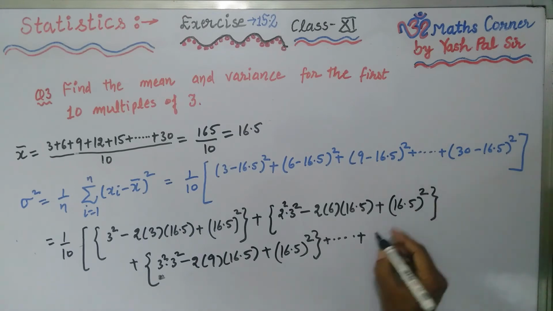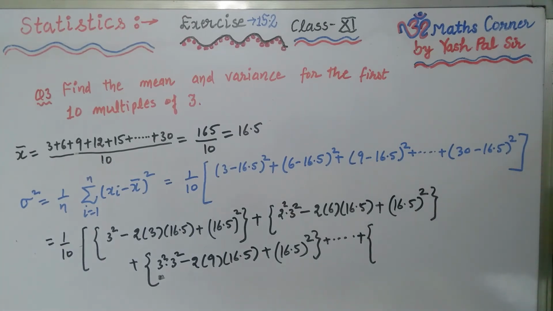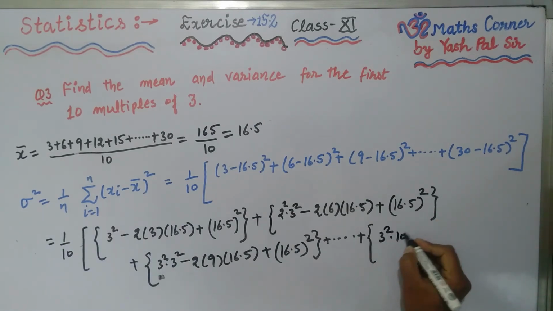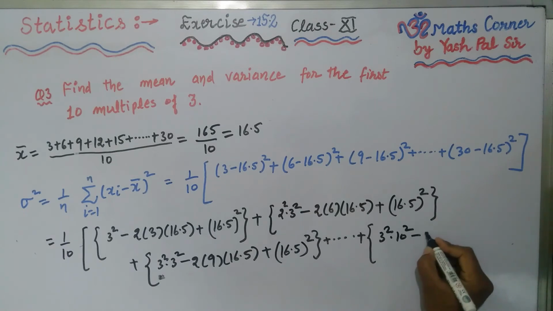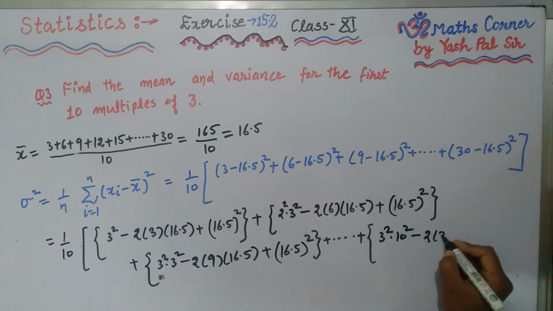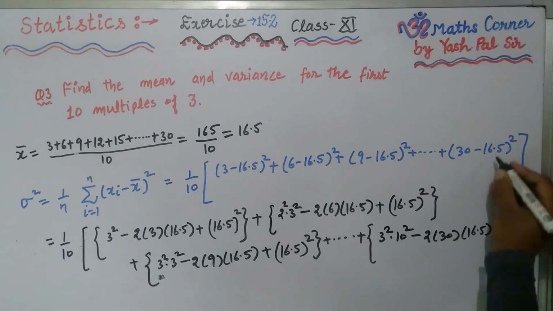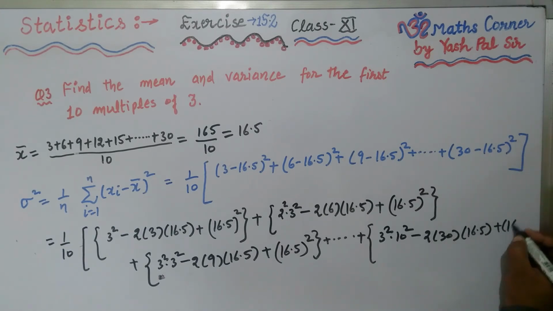Lastly, the last bracket: 30 whole square, what can we write? We can write this as 3 square into 10 square. Next is minus 2 into 30 into 16.5 plus 16.5 its whole square. So this was the last bracket.